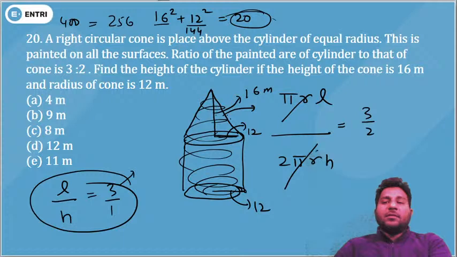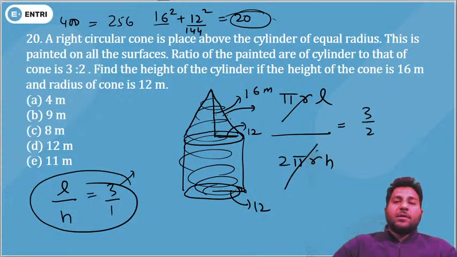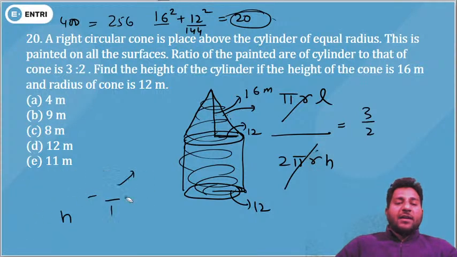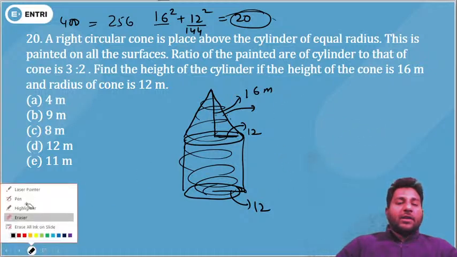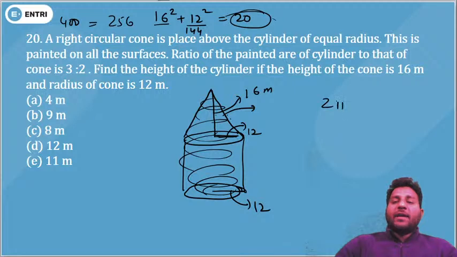So tell me, just a minute. Ratio of painted. Okay, so the cylinder's ratio has been given to that of cone, so it will be reversed. Just make a correction, guys. That's why the option is not matching. Look at this. It will be 2 pi r h upon pi r l.